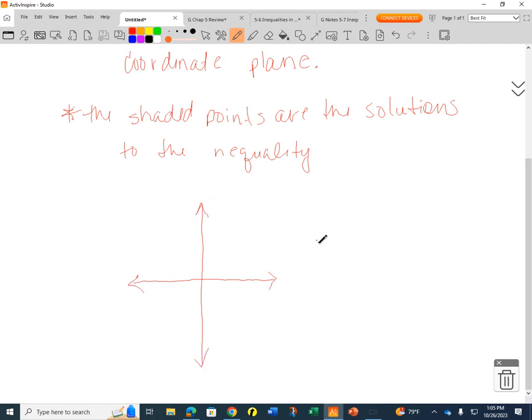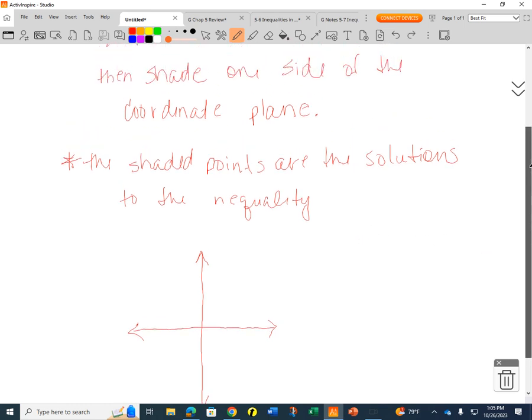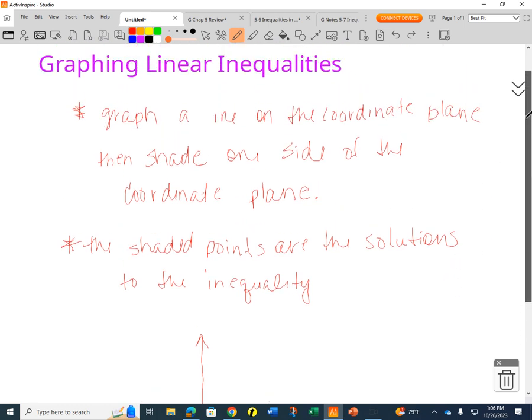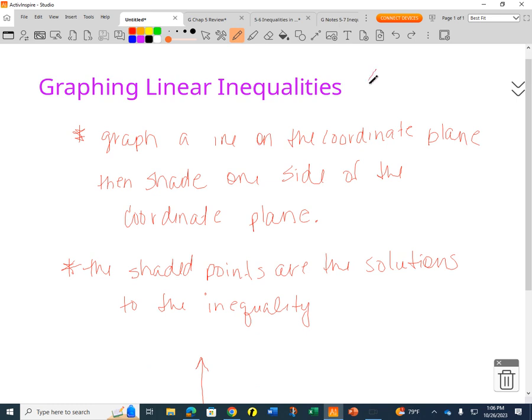Oh, and we didn't talk about what an inequality is. Do you guys remember what an inequality is? So an inequality, remember, is less than, greater than, less than or equal to, or greater than or equal to.